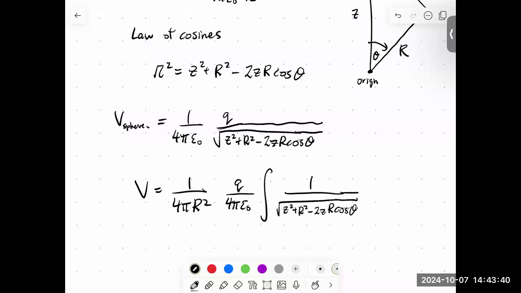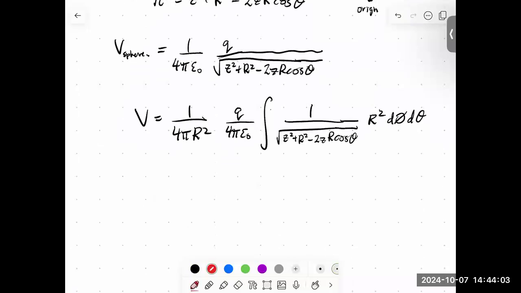And then we have to integrate over the surface of the sphere. The sphere is at a constant radius, so we're going to have an r squared, a d phi and a d theta. The d phi integral is trivial. There's no phi in here, so that just gives us a factor of 2 pi.